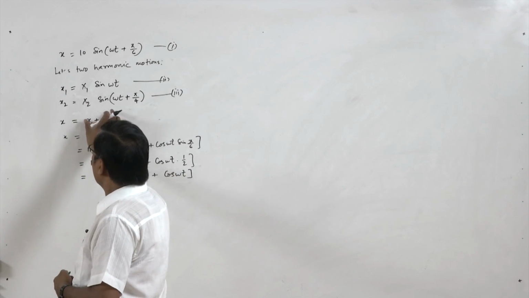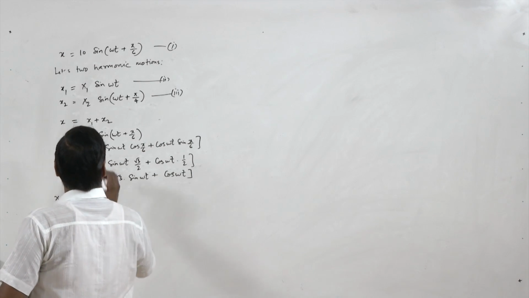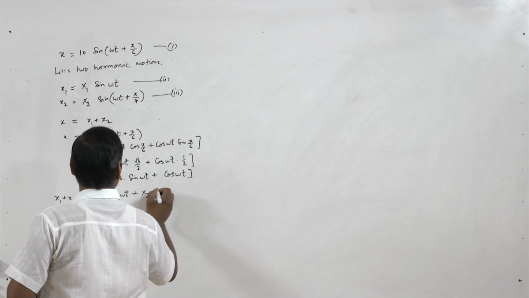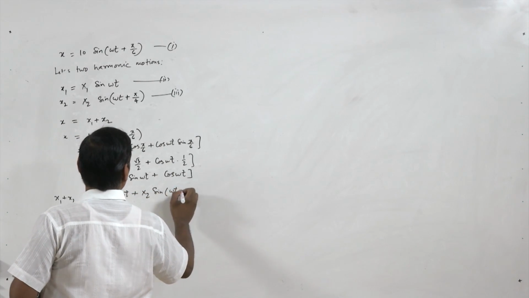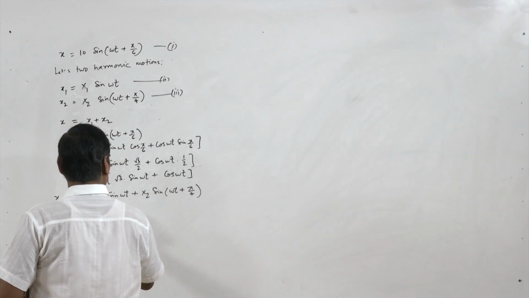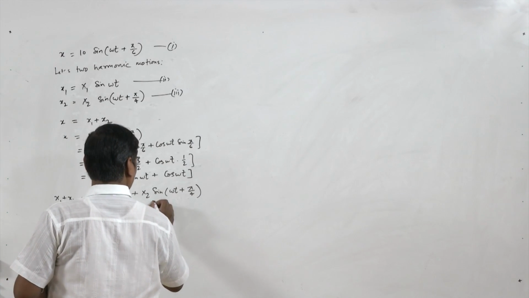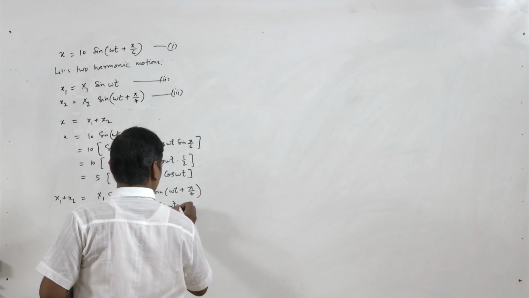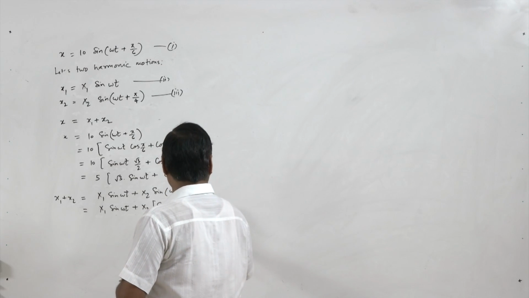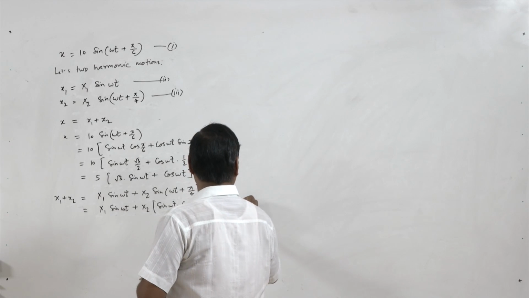Now we find the sum of the two. So x1 plus x2 equal to X1 sin omega t plus X2 sin(omega t plus pi by 4). Again we can open sin(a plus b), sin a cos b plus cos a sin b.